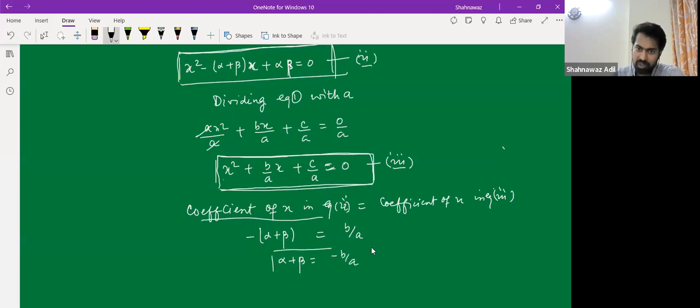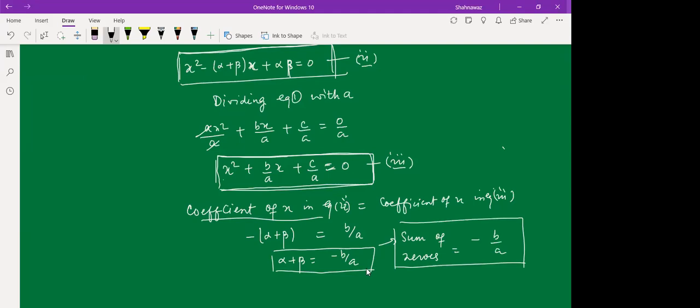This gives me the relationship between the zeros and the coefficients, and it says that the sum of the zeros is equal to minus the coefficient of x divided by the coefficient of x square. Is that part clear? Yes.